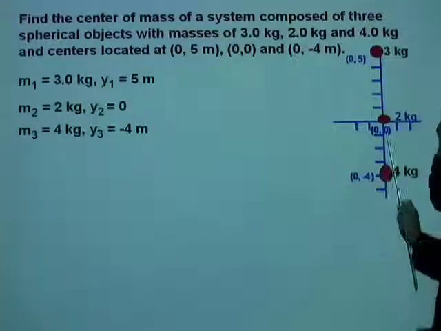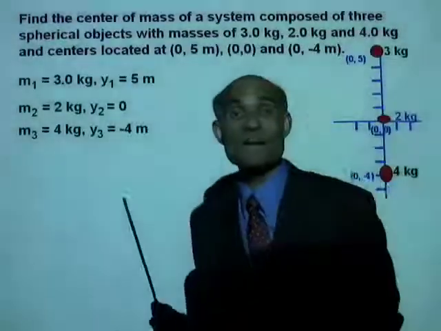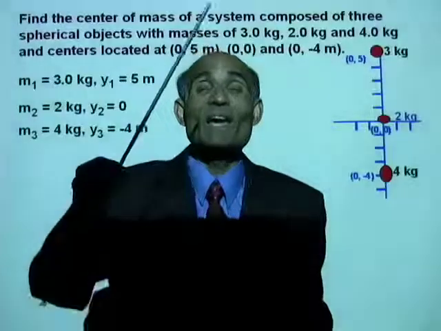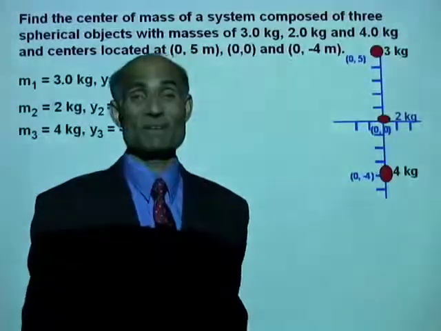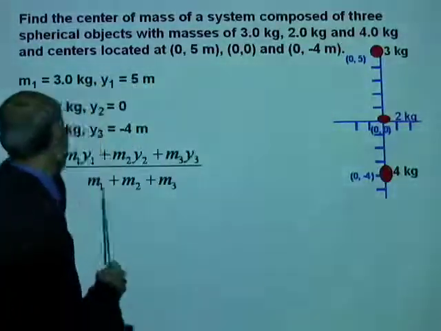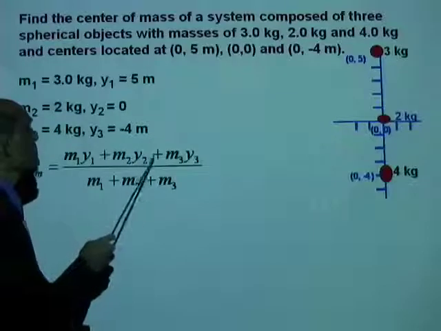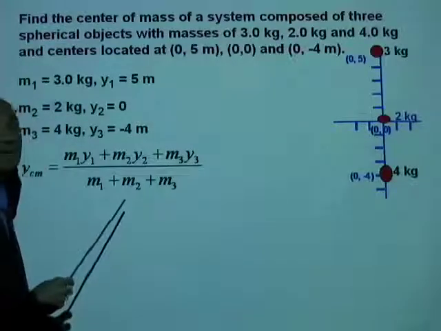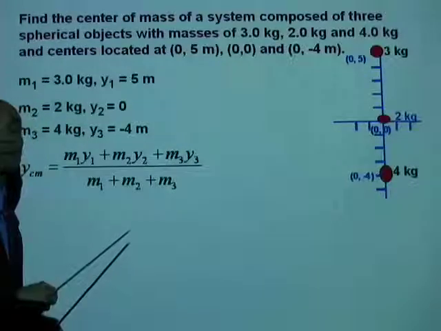We now need to find the position of the center of mass. The position of the center of mass of these objects will be a point somewhere on the y-axis. What is the equation? Y center of mass equals M1 Y1 plus M2 Y2 plus M3 Y3 over M1 plus M2 plus M3.